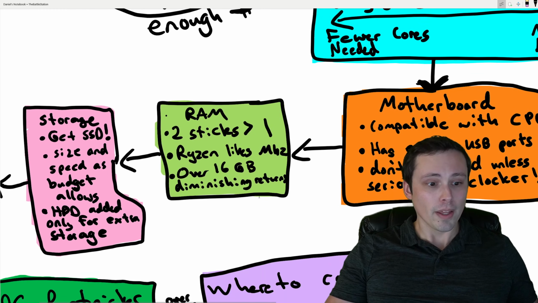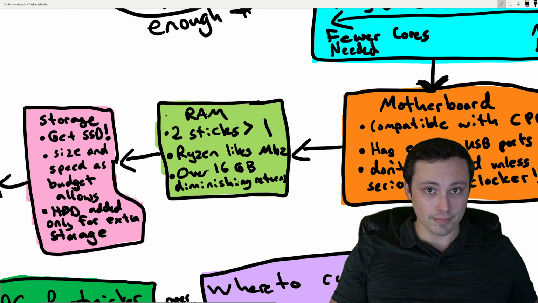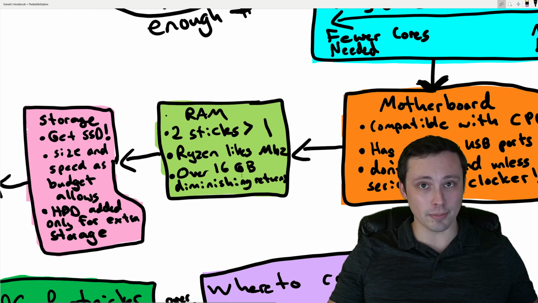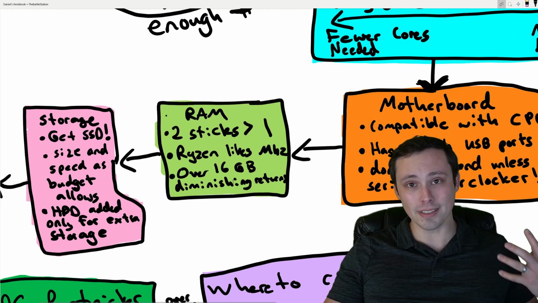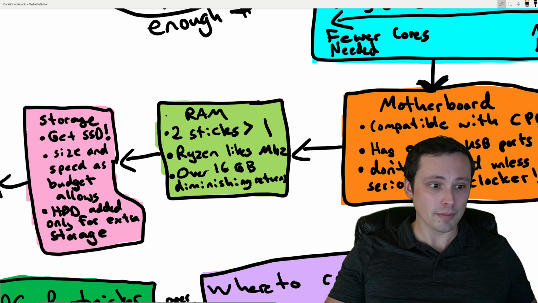So don't overspend on that. That's easy to do. And then also, as far as how much you need, over 16 gigabytes is going to be hugely diminishing returns for gaming. A lot of games you'd honestly still be able to run at 8, although building a PC right now, at the beginning of 2021, when I'm filming this video, I wouldn't personally build one with less than 16 unless you're on the absolute tightest budget.